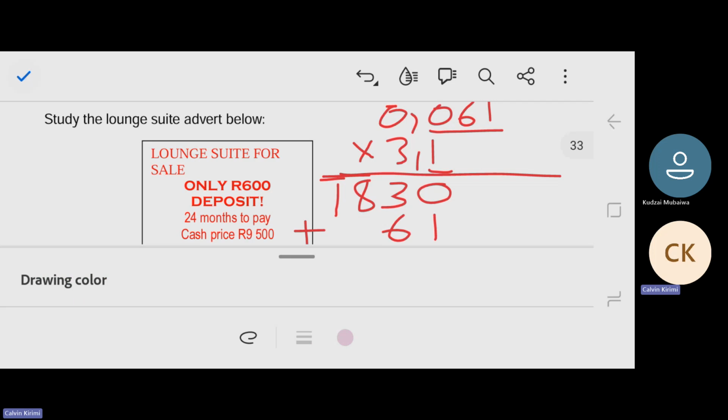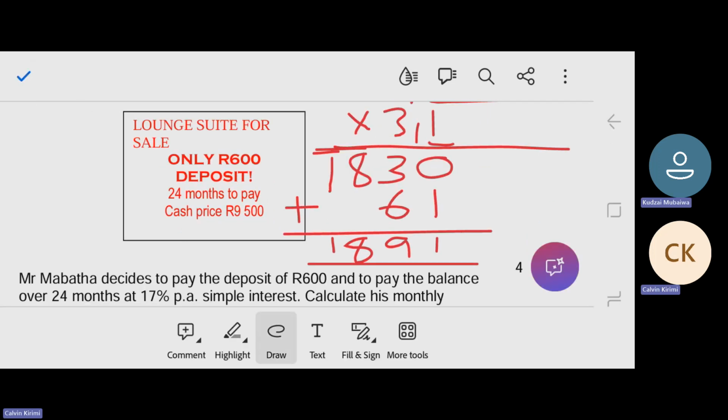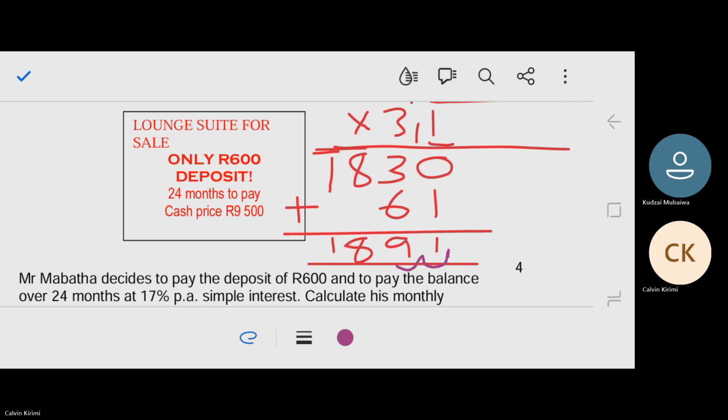So it's going to be 0,1891. Can you see? Yes. Then this number must be put into standard form.